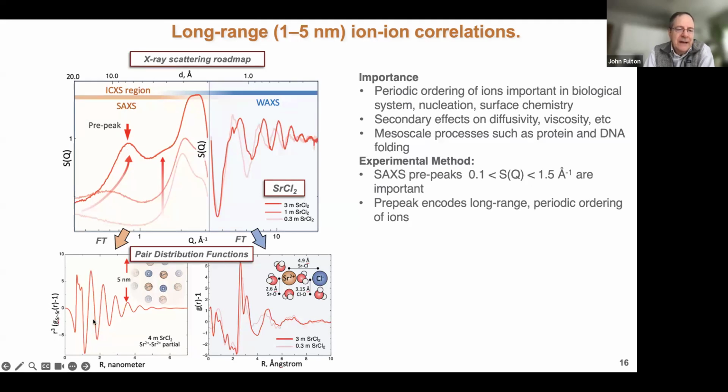What we see in the distribution of strontium in this solution is that they are periodically ordered. And so this leads to the idea that there are domains on the order of 1 to 5 nanometers that have these periodic structures.